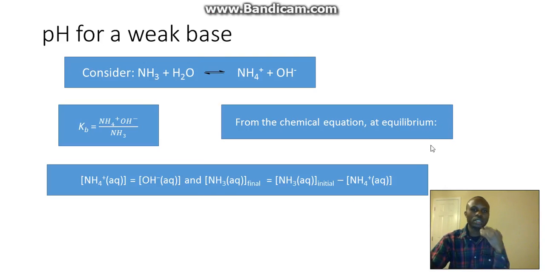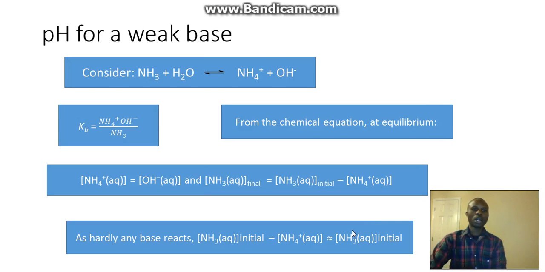So coming back to our equation, we know that the final amount of ammonia should be given by the initial amount of ammonia minus the amount of ammonium that has formed using this equation.